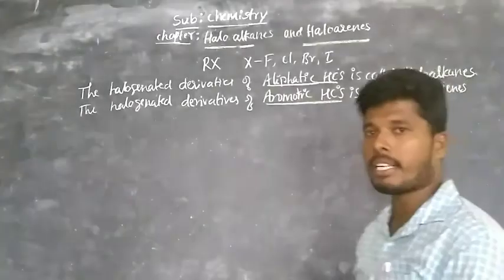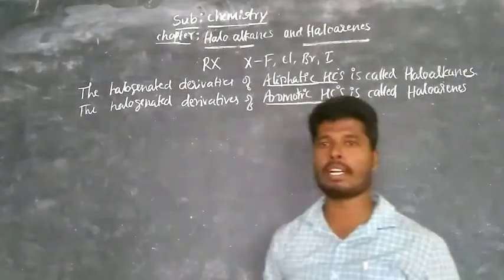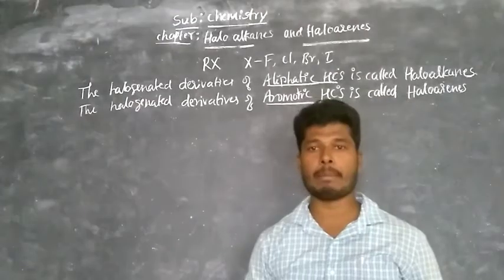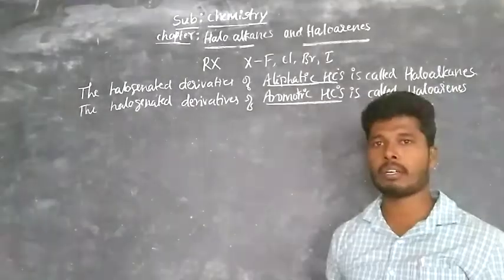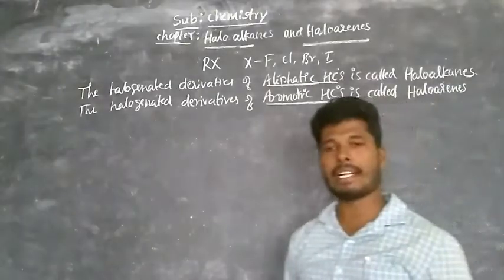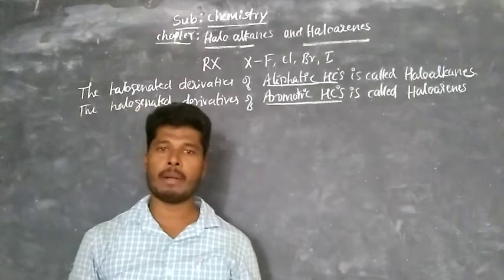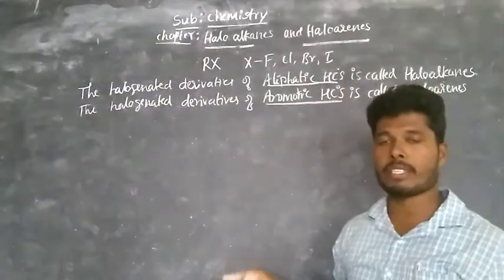Compounds such as chloramphenicol, chloroquine and chloroquinone are used as antimalarial drugs, and chlorinated compounds like chloroform and iodoform are used as painkillers and antiseptics, and also used as cough syrups, and chloroform is CHCl3.